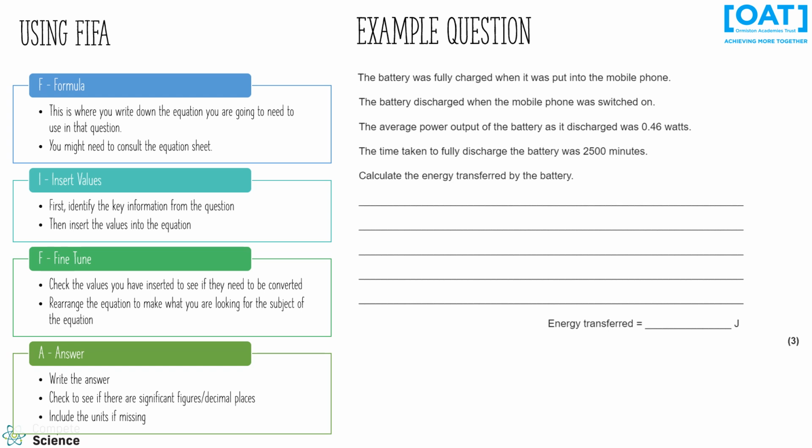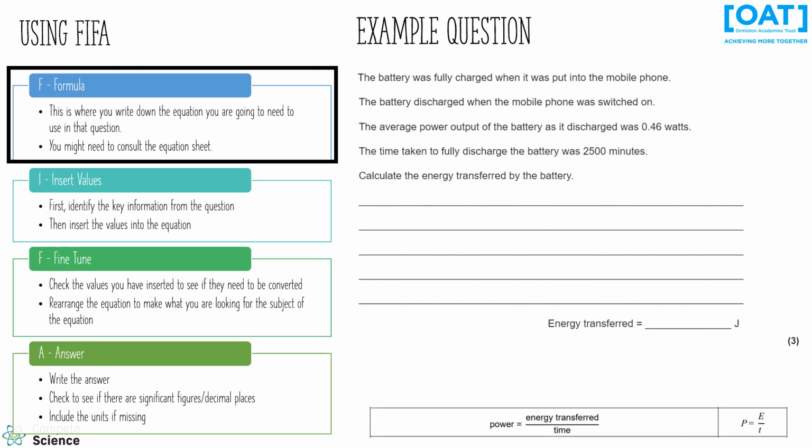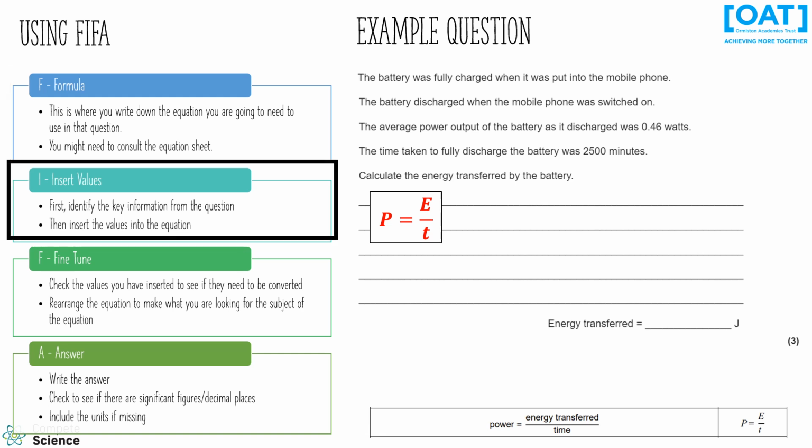Well, F is the formula. The formula that you're going to need for this question is power equals energy over time. So write your formula on the space provided and then insert your values into that formula.